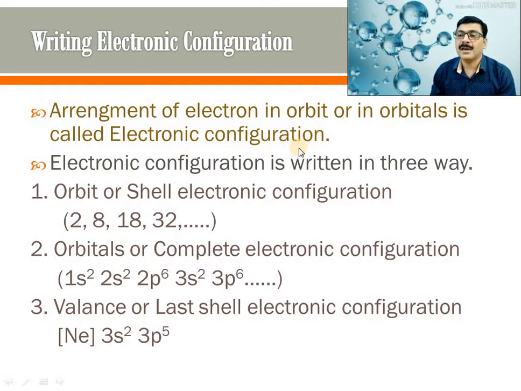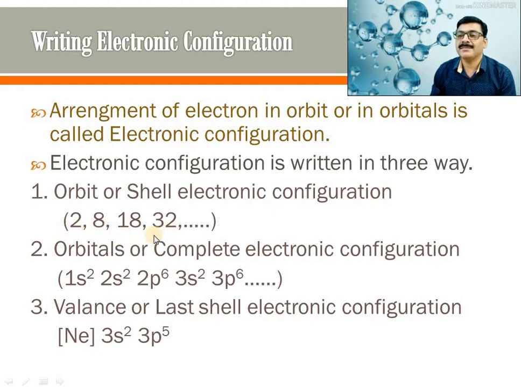And friends, electronic configuration is written in three ways. In the first way, we can write the orbit or shell electronic configuration, for example 2, 8, 18, 32.